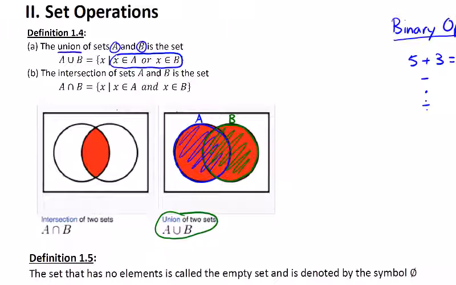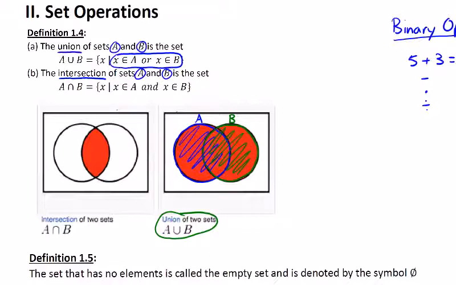Now, another operation that we can apply is known as the intersection. Again, in order for an intersection to take place, you have to have 2 sets. So in this case, for definition purposes, we call them set A and set B, but in general they could be named whatever.